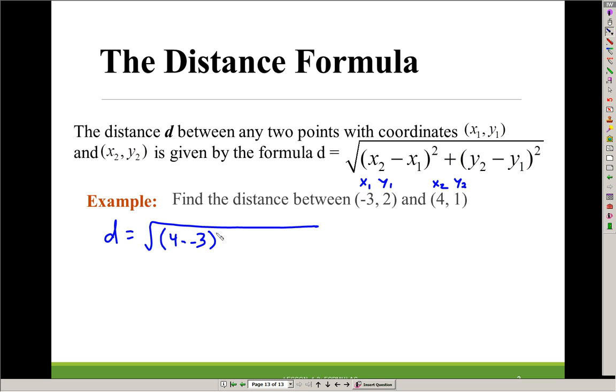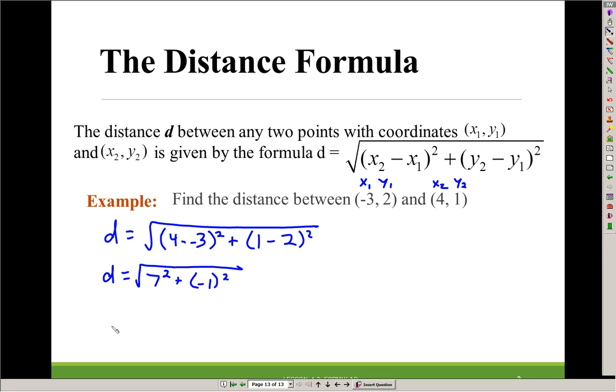Be careful with your double negatives there. The first minus is in the formula, and the second minus is from the -3. I'm subtracting -3. Plus, second y is 1, minus the first y is 2. 4 minus -3 is 7. 1 minus 2 is -1.